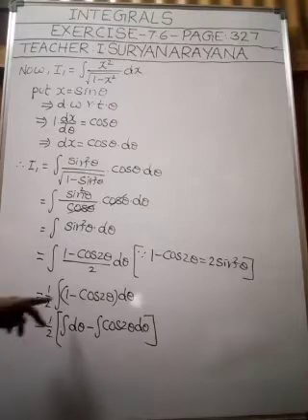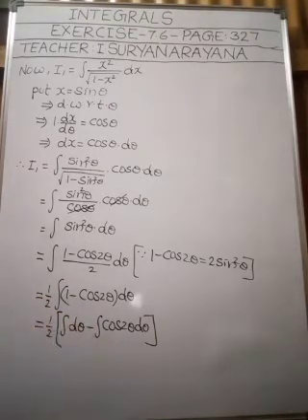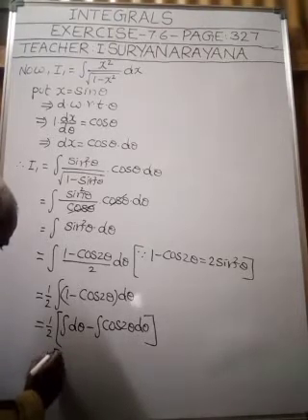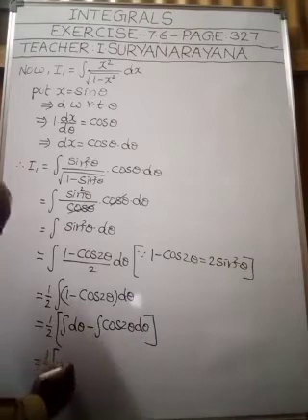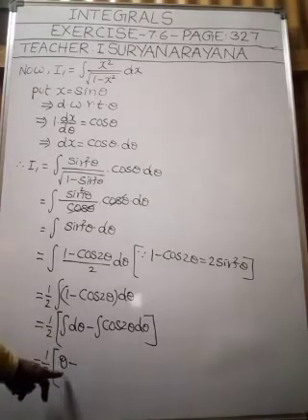Here we are finding the integral of these two terms separately. Understood this step, my children? Right. That is equal to 1 by 2 into integral 1 d theta, which means theta. Understood this theta, my children?